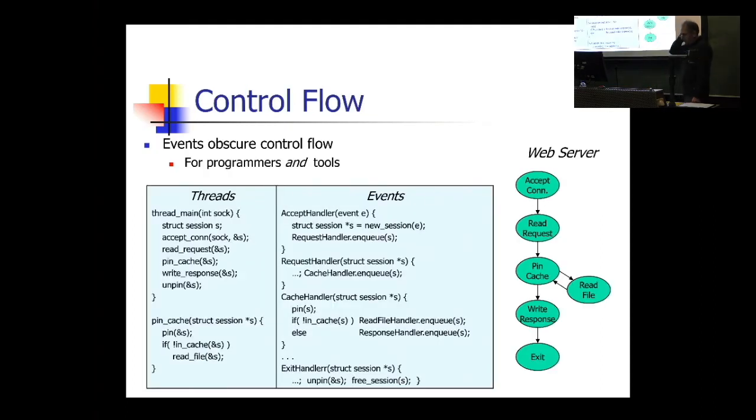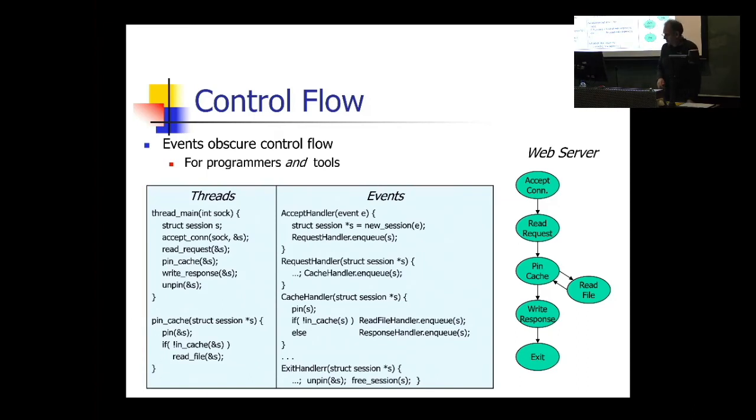So here's our example where we've got a thread implementation on the left, where it's just a function, thread main, allocate a session, accept a connection, read a request, pin cache, write the response out the session descriptor, and then unpin something, okay? Pin cache is basically pins, whatever it is, that we're going to send in the cache. If it's not in the cache, then we read from a file. Okay, that's pretty easy to understand.